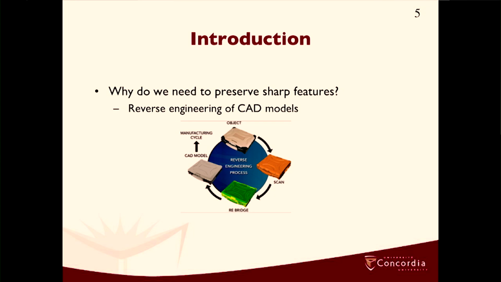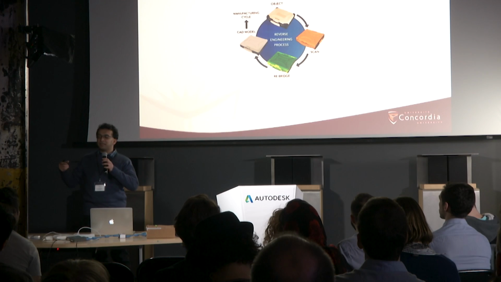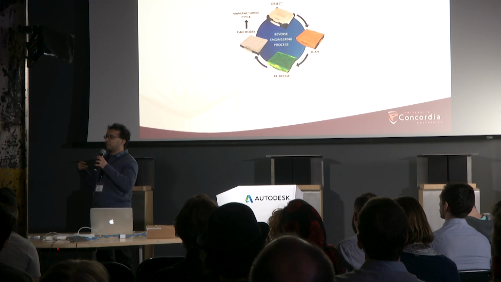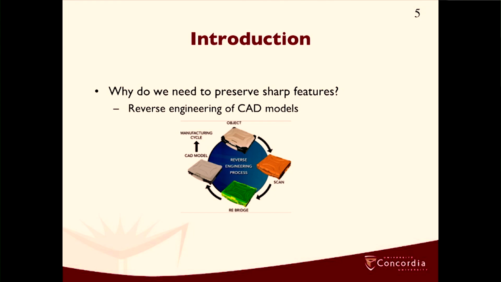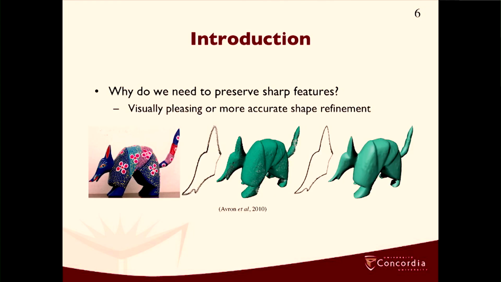And another more CAD-related application is that if you can detect the sharp features on a scanned CAD object, you can probably reverse engineer the CAD model and make modifications to it yourself. And there's also the very obvious application, which is just making the object look better or more accurate. And I'm sure that this being Autodesk, people over here can think of even more applications for it.